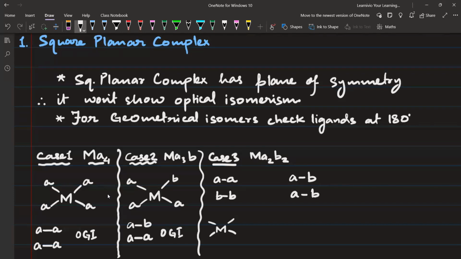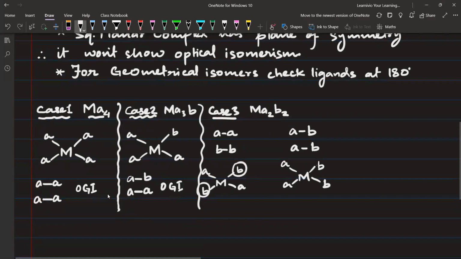Right. So now we can have complex something like this: A opposite to A, B opposite to B, and here A is opposite to B and A is opposite to B. When the same ligands are at 180, है ना, दिख रहा है ना, B and B are at 180, then it is known as trans isomer.